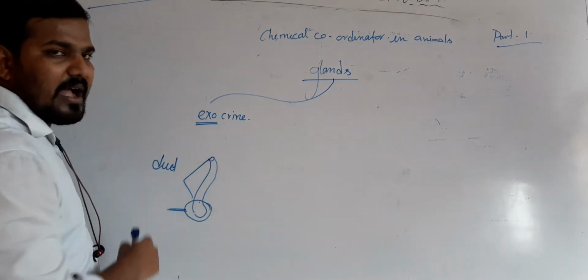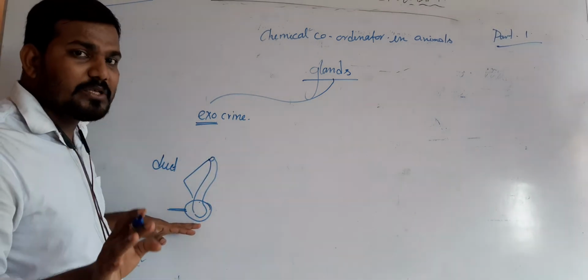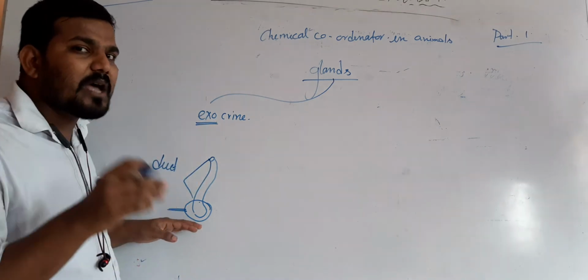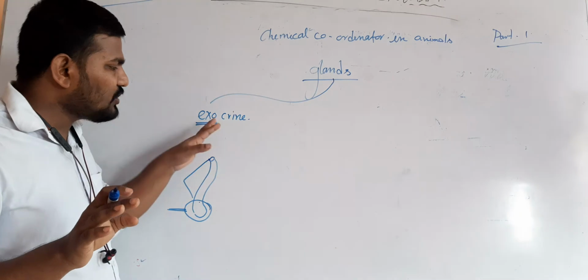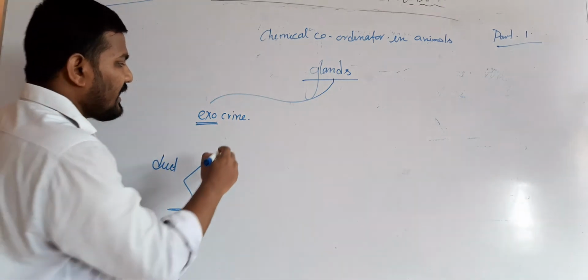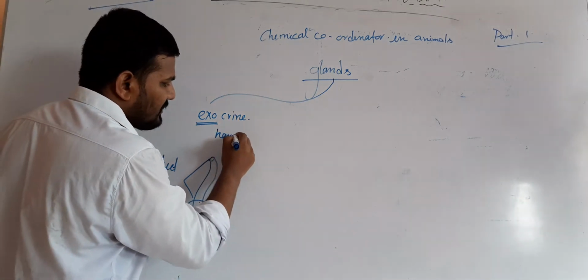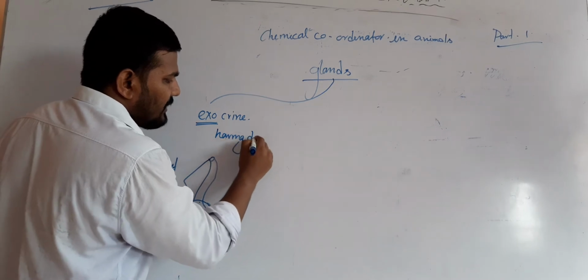By using this duct, the chemical substance secreted by this gland comes out of the body. That's why the exocrine gland is commonly known as a gland having a duct.